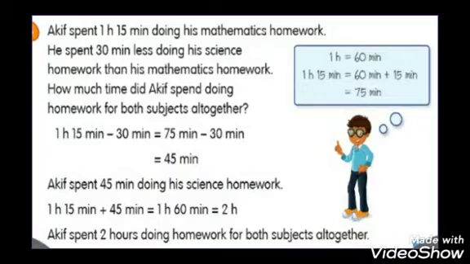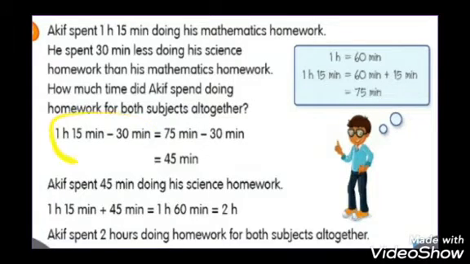Here Akif spent 1 hour 15 minutes doing his mathematics homework. He spent 30 minutes less doing his science homework than his mathematics homework. How much time did Akif spend doing homework for both subjects altogether? So here there is no start time and end time, only duration is given. So 1 hour 15 minutes was the time for doing maths homework, and for the science homework he took 30 minutes less than maths homework.